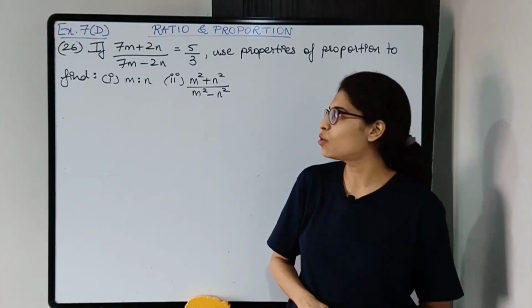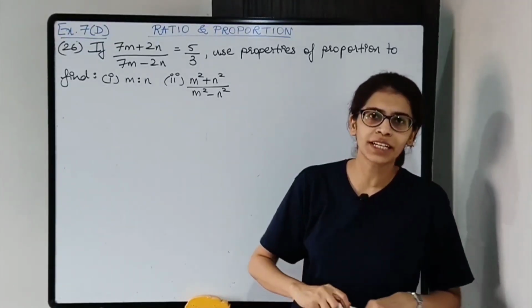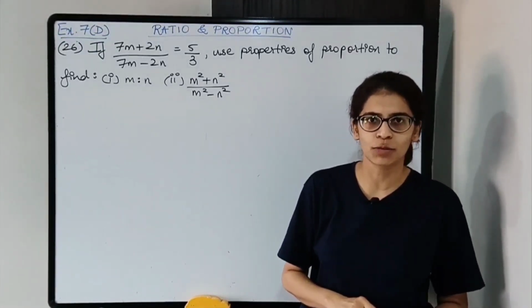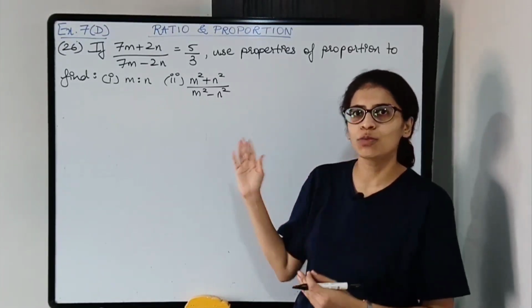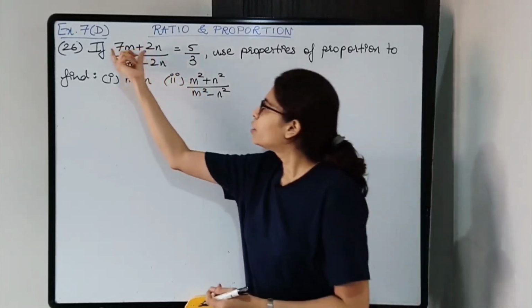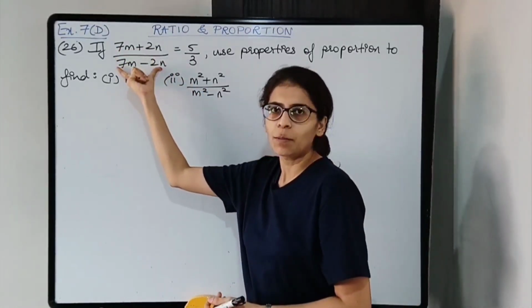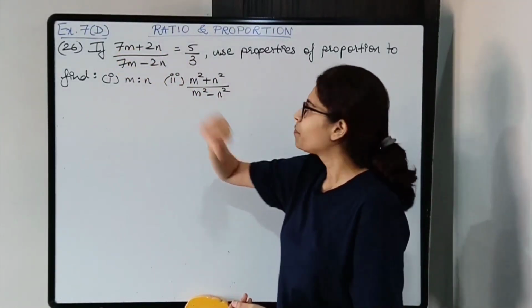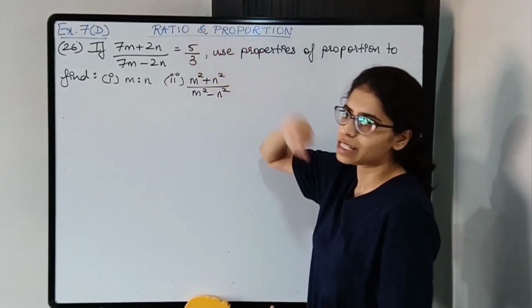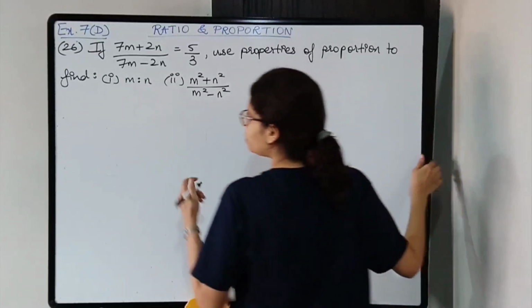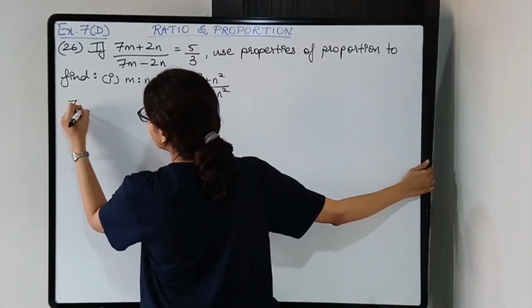Okay, so componendo dividendo states numerator plus denominator upon numerator minus denominator. So we'll apply the same on both the sides. So numerator plus denominator upon numerator minus denominator, same thing here, numerator plus denominator divided by numerator minus denominator. So write down the given first.